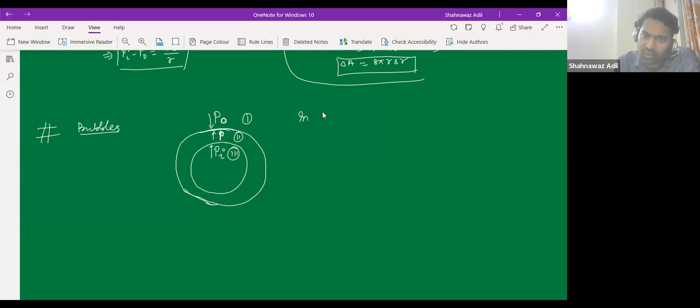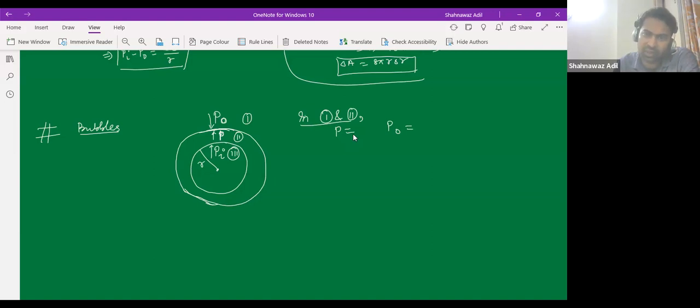So in regions 1 and 2, let's say this distance is r. Which one is the concave one?